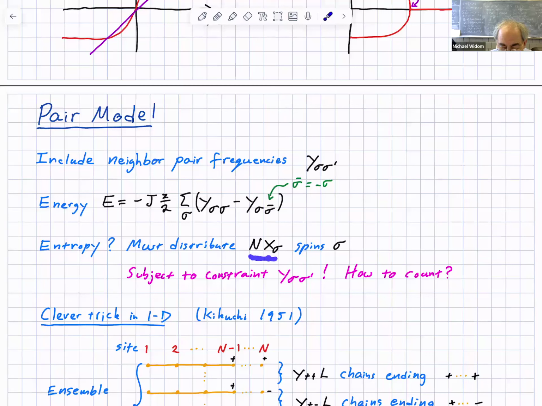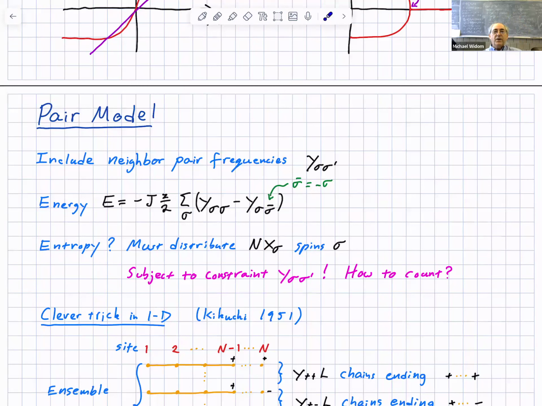Well, again, we're going to distribute n x sub sigma spin sigma out of n spins. And so that will give us our minus x log x minus 1 minus x log x entropy as before, except that we have to distribute them subject to this constraint.